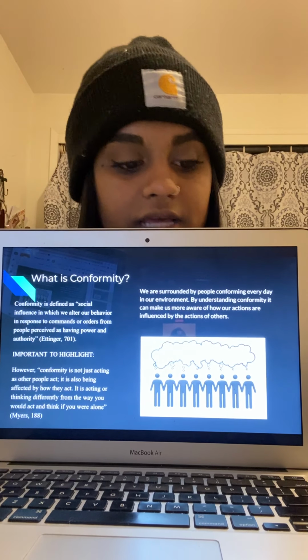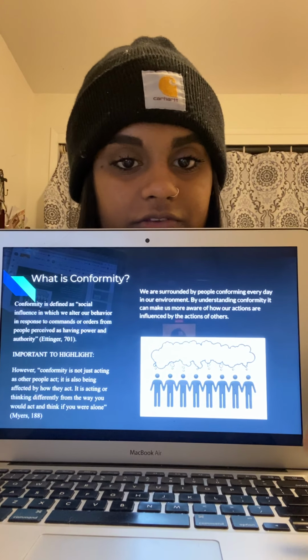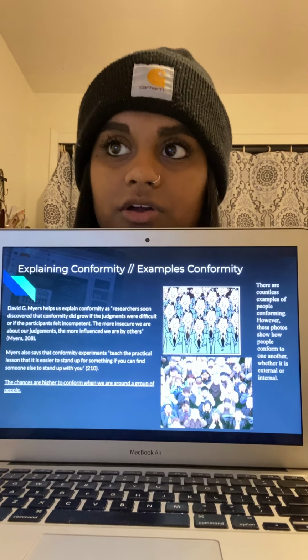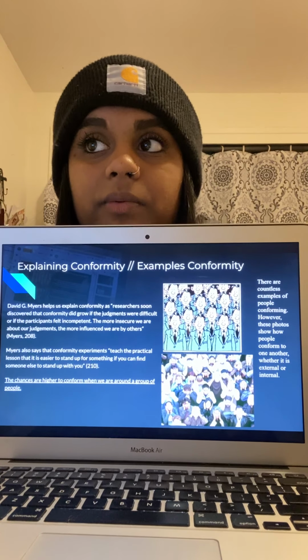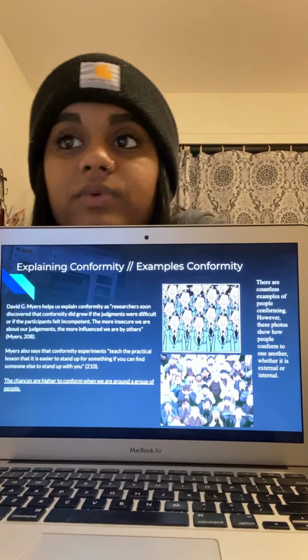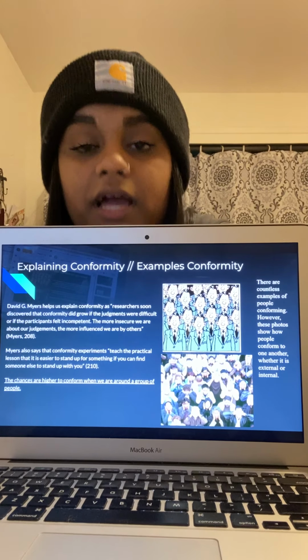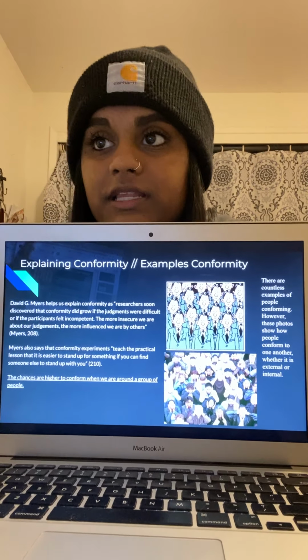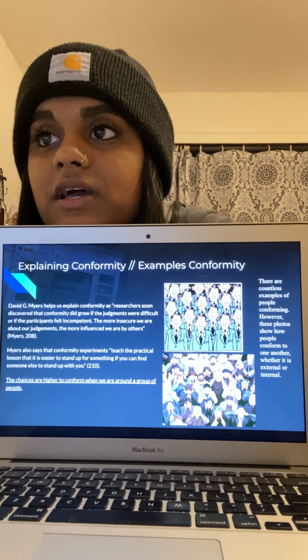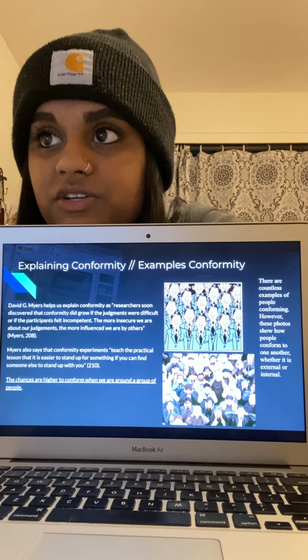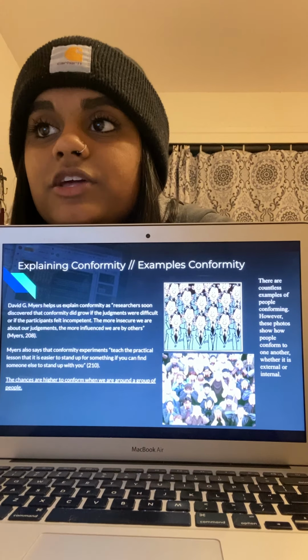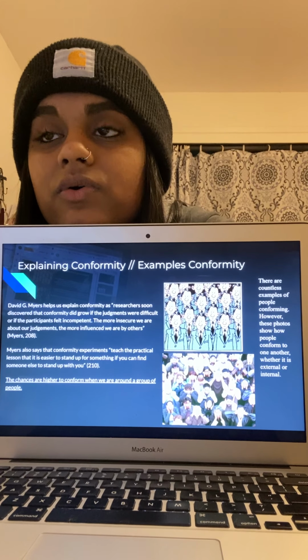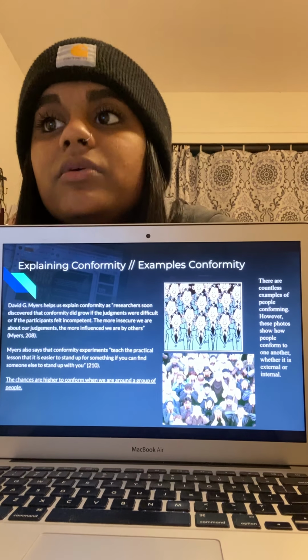So let's change the slide. So, explaining conformity and examples. I really liked the textbook that we had this semester. But specifically, I quoted this from it. It says, as researchers soon discovered, conformity did grow if the judgments were difficult or if the people felt incompetent.